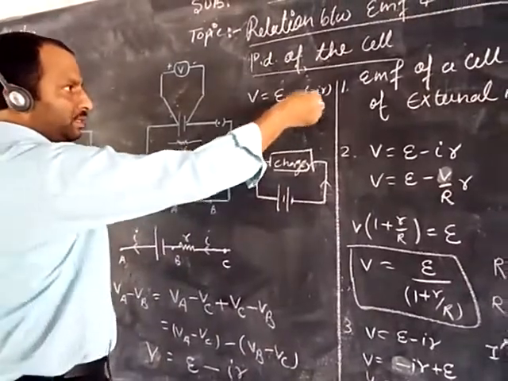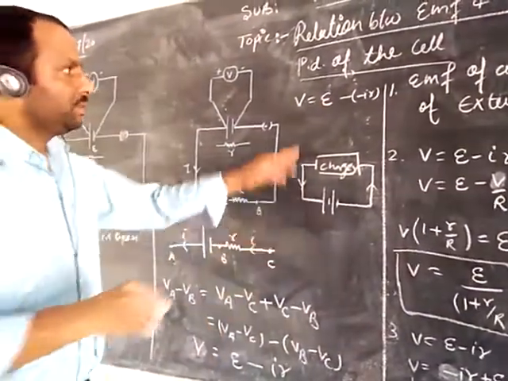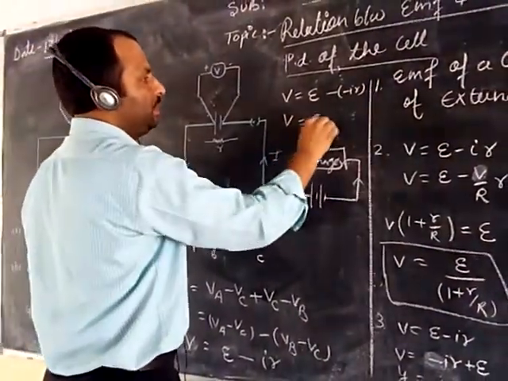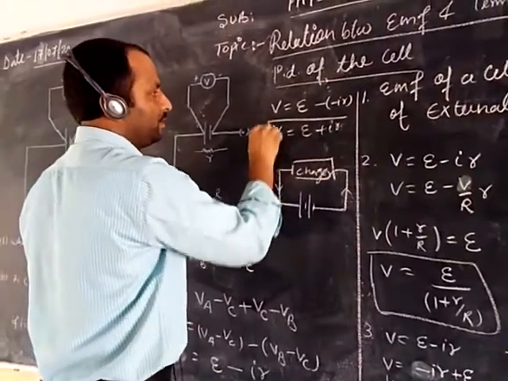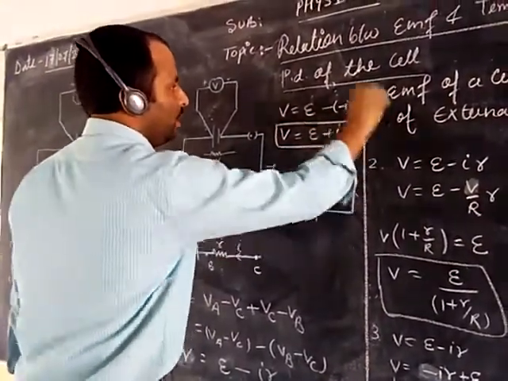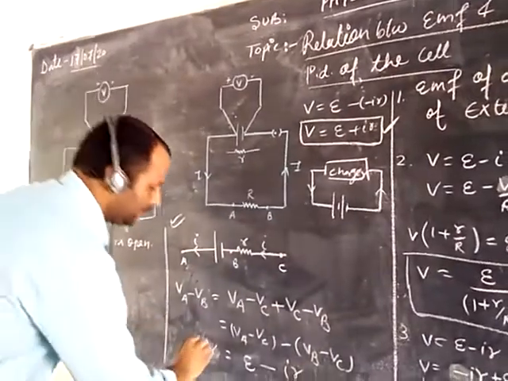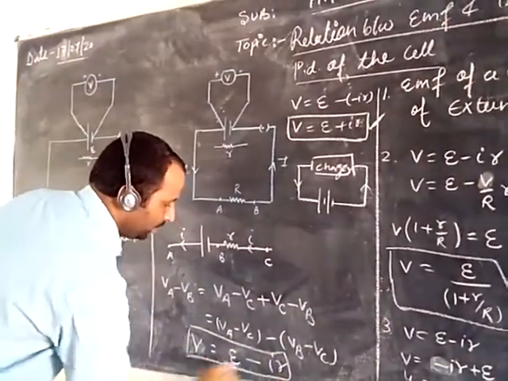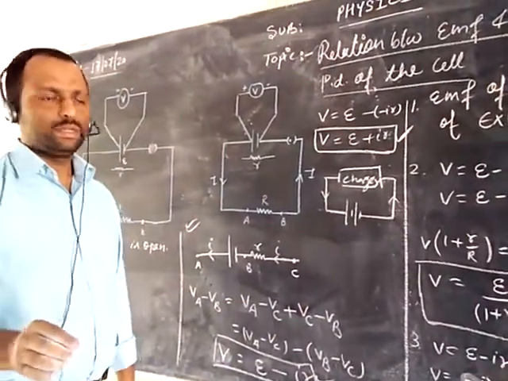Now the direction of the current is reversed, so V is equal to E plus IR. So this is the case of charging and the earlier one is the case of discharging. Okay, thank you.